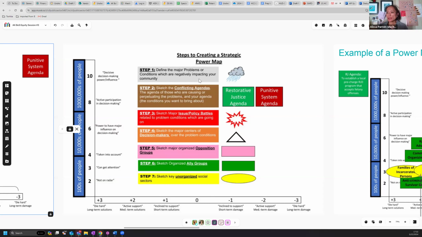And then step 7 is to look at unorganized social sectors. Who are those groups of folks that aren't strongly against or strongly for, but could have significant influence over this kind of agenda or problem? And how can we start to get them on our side, if you will?